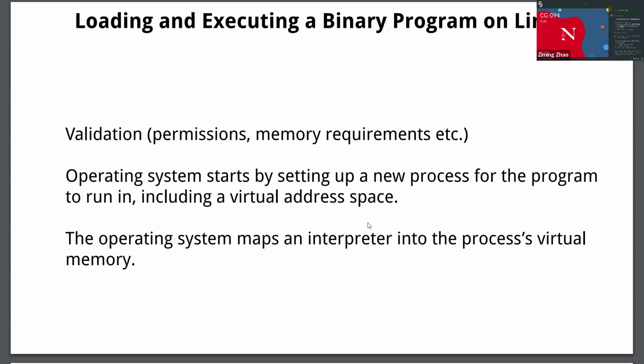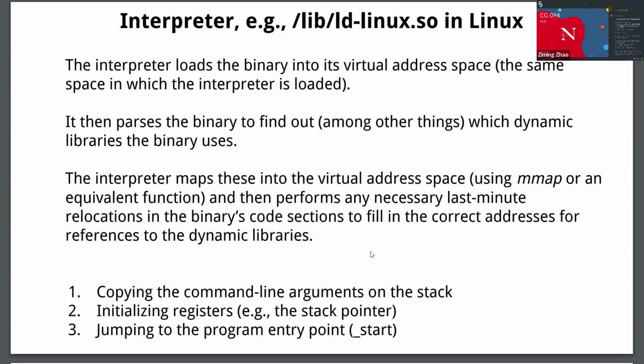The OS will set up a new process. After the OS gets the fork system call, inside fork it will set up the virtual address space, everything. The OS will also map an interpreter, also a loader, into the process's virtual memory address space.